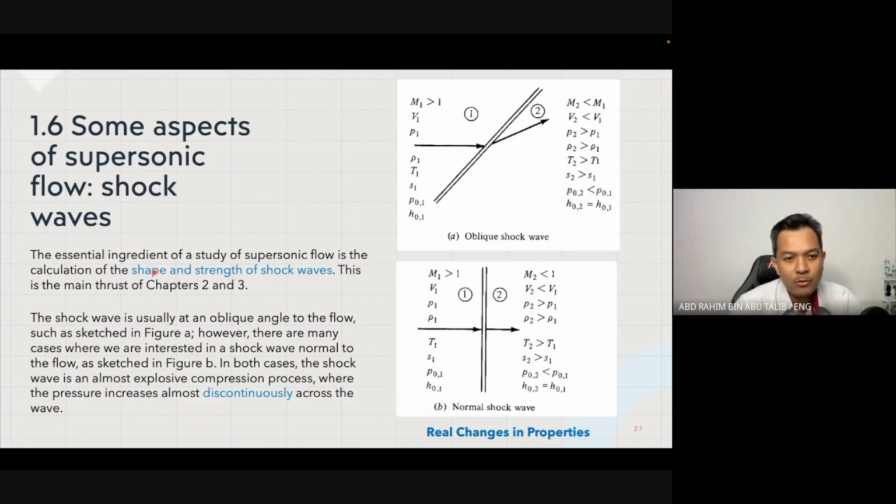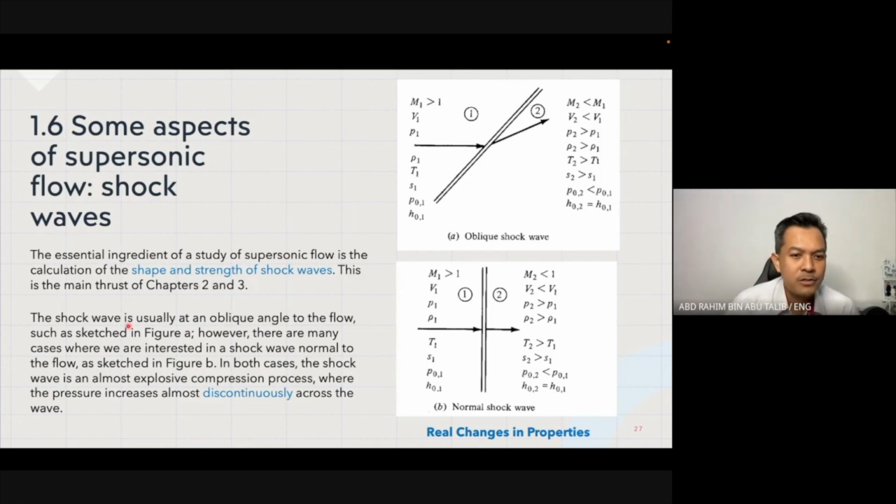So we want to look at the shape of the shock wave and the strength of the shock wave. This is the main thrust of chapters 2 and 3. Now we are still in chapter 1, introduction. When we go into the following chapters, we look at a normal shock as well as the oblique shock. So these are the topics that we are going to cover later on.